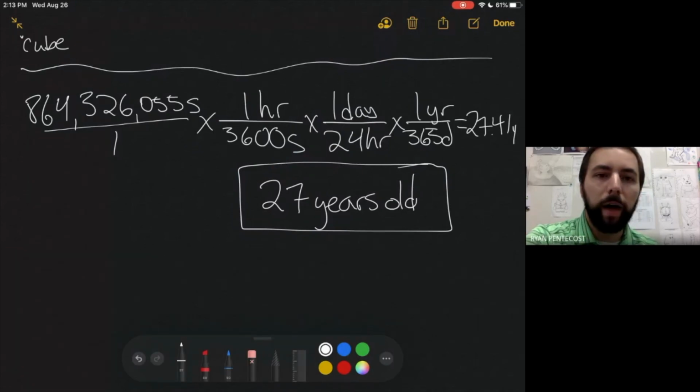If you can do that, that's great. If you can't, don't worry about it. It's not on the AP test. But that's a fun little exercise that we usually do. So give that a shot. Pause real quick and see if you can estimate your own age in seconds.